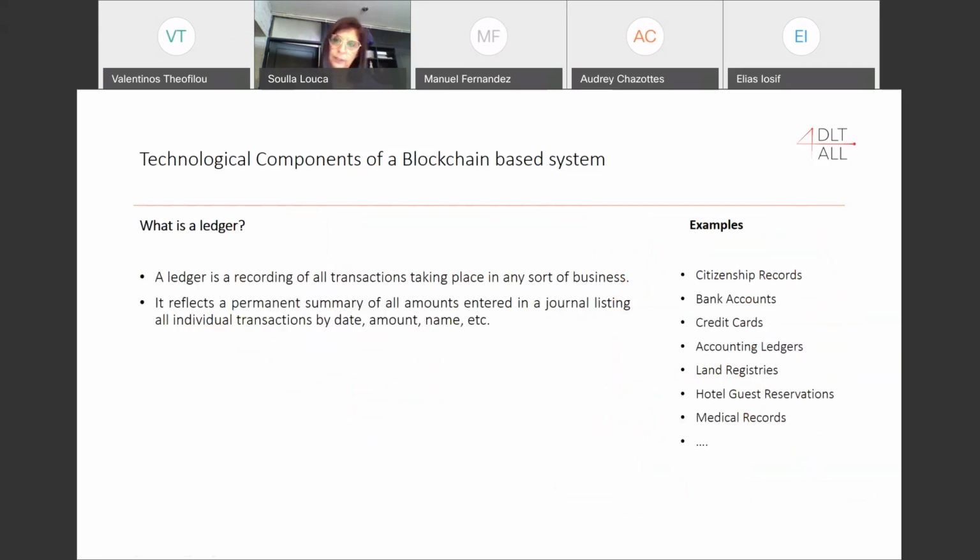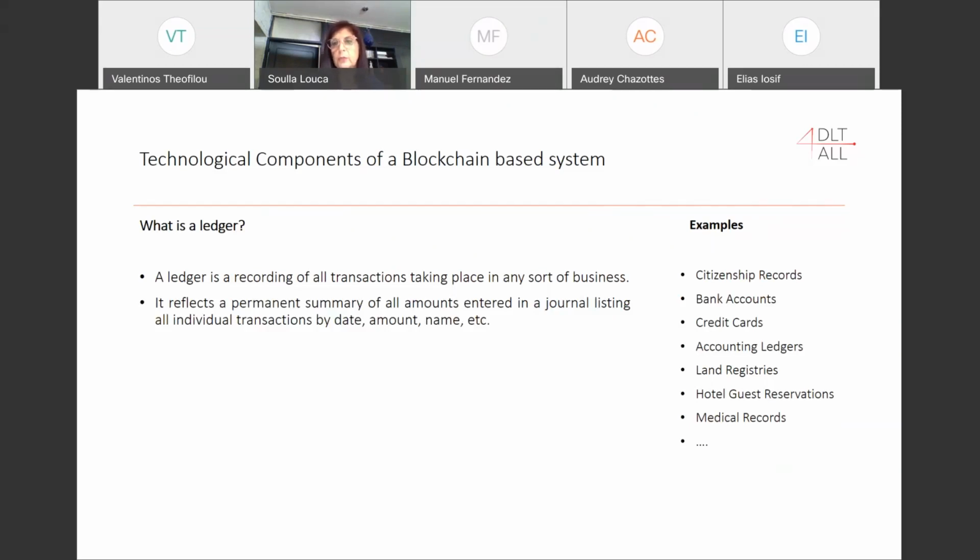Now, going back to the definition of a ledger. What is actually a ledger? We can look at it as a recording of all different types of transactions that take place in a business, and it reflects a permanent summary of all the amounts that were entered in some sort of a journal, listing the individual amounts by date, by amount, by time, and so on.